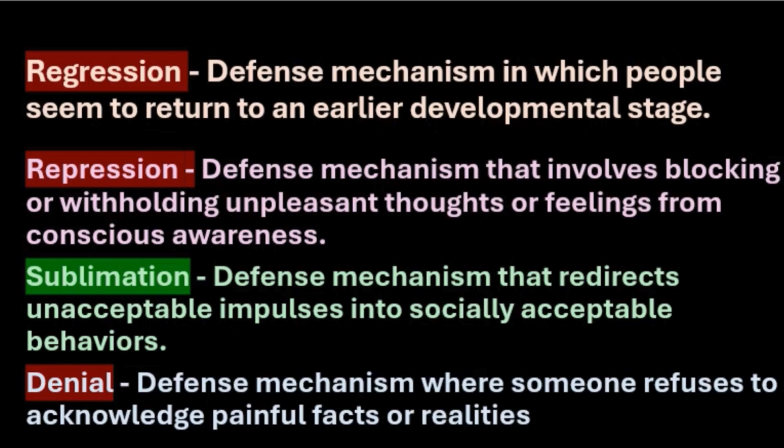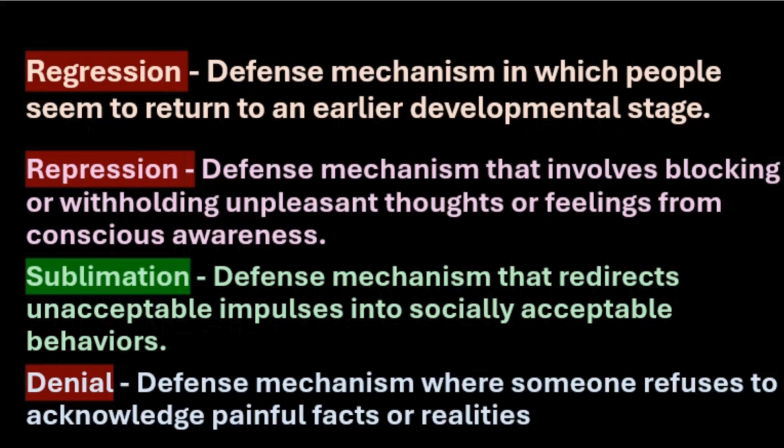Regression. In this mechanism, people seem to return to the earlier development stages like the infant or the toddler or schooler, something like that. Repression, it is the defense involving blocking or withholding unpleasant thoughts or feelings from the conscious awareness.